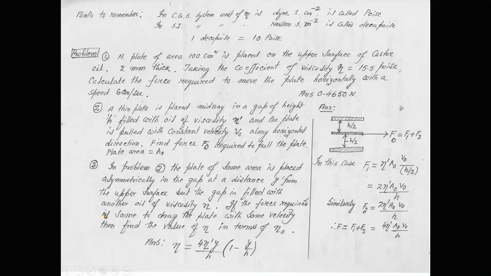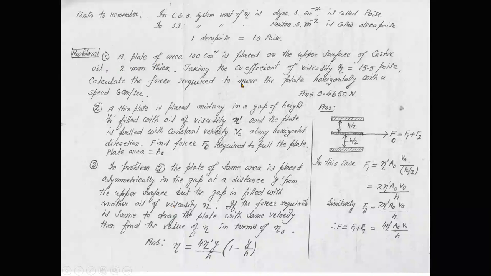If the force required is the same to drag the plate with the same velocity, then find the value of eta in terms of eta dot. So this problem is given for you. You have to solve this.